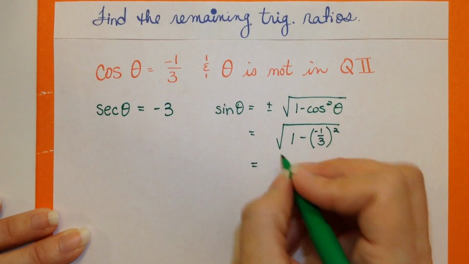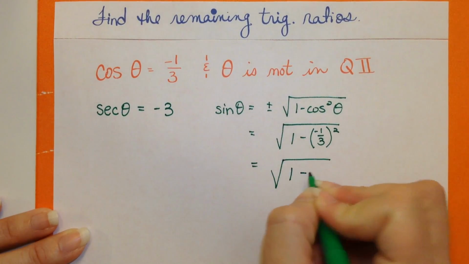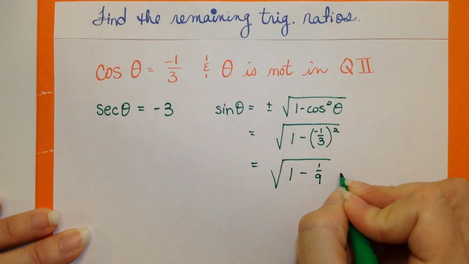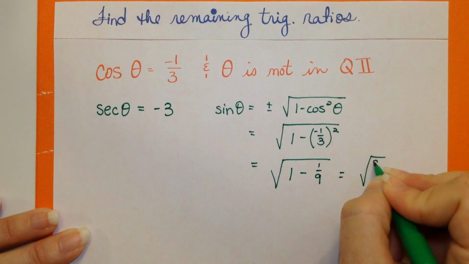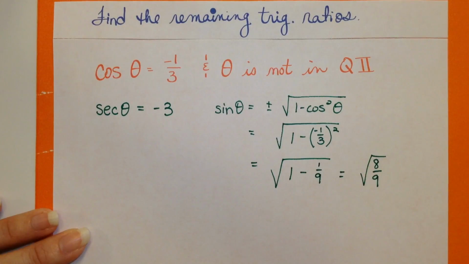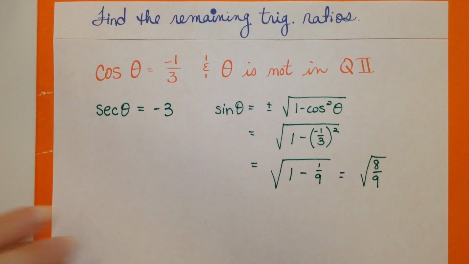So I would have the square root of 1 minus 1/9, which will give me the square root of 8/9. I need to simplify that, but let's go back and do our positive and negative before I go any further.